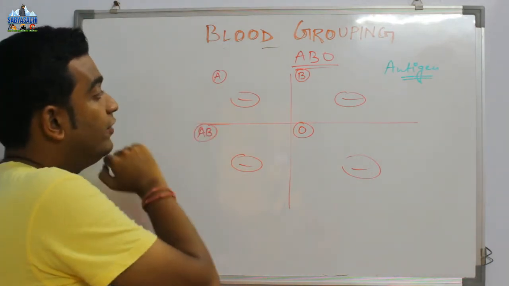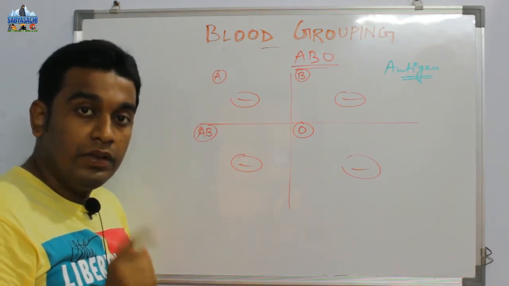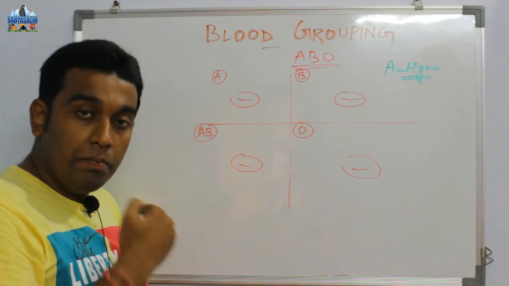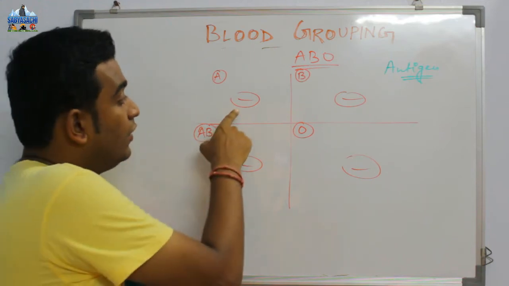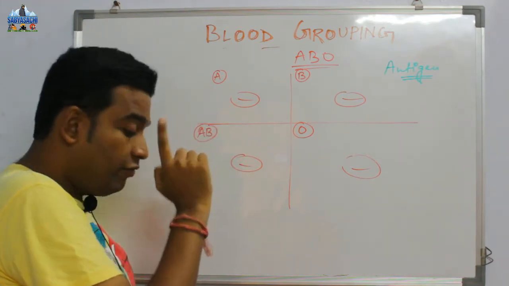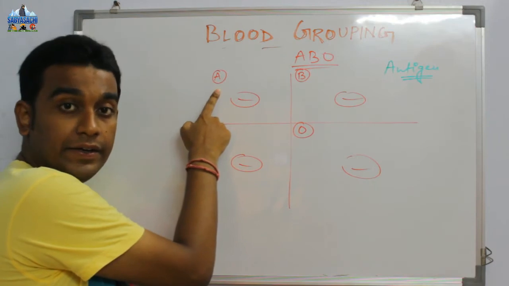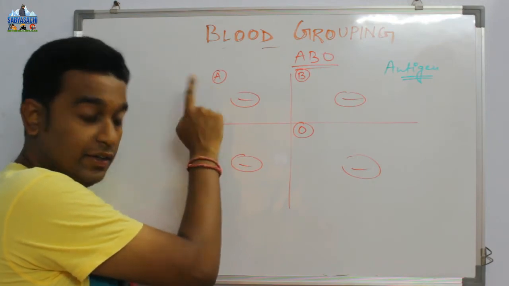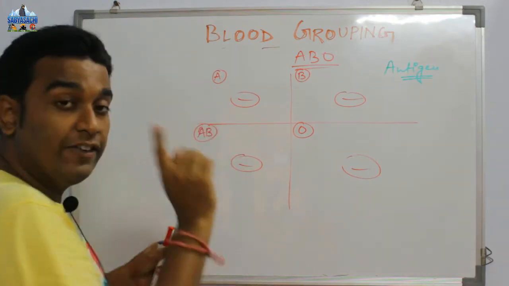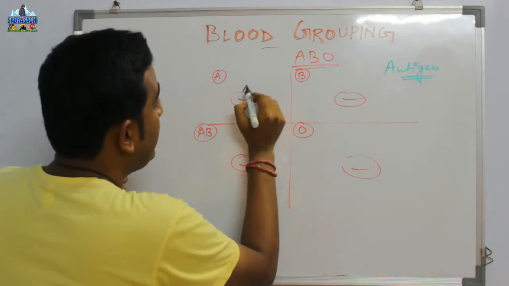Now if I have A as a blood group, at that time my blood, precisely the red blood cells of my blood, will have the antigen known as A. So let's make that first, and let's make it in this shape.